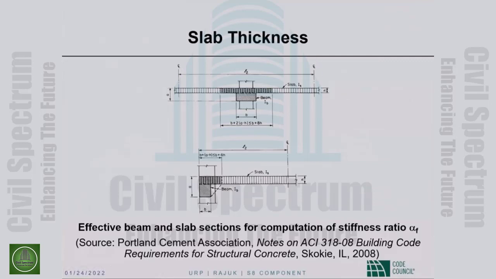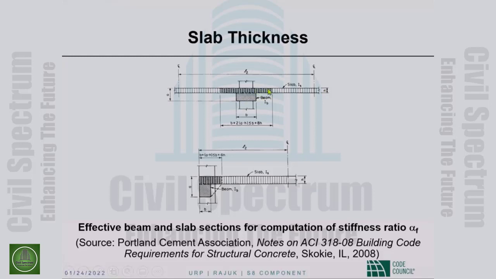The slab part is clear. What is the beam? There is a beam sticking below the slab, but a portion of the slab is also treated as part of the beam. And that portion is equal to whatever is sticking below the slab, that is h_w minus h.